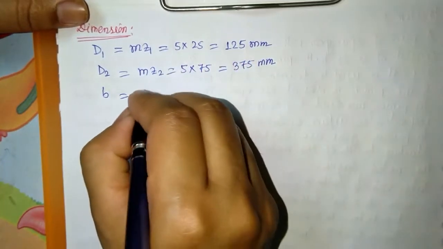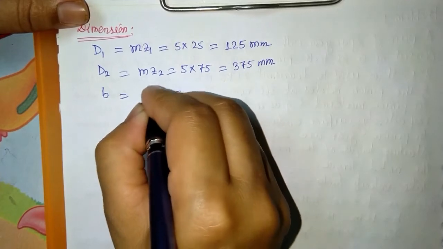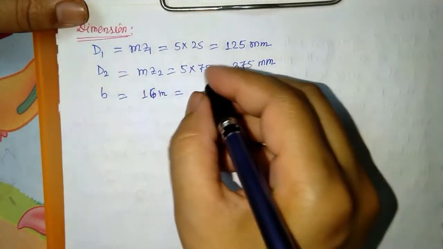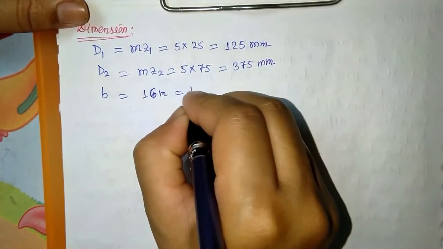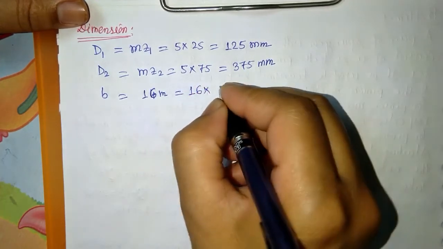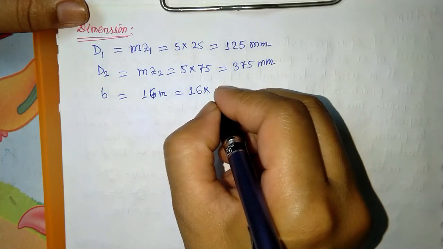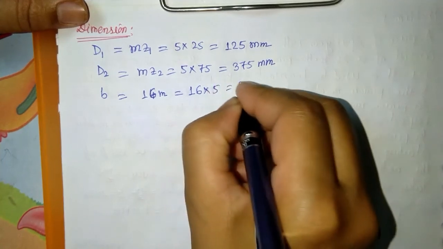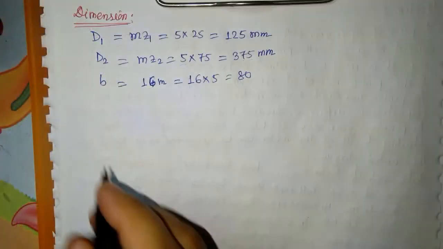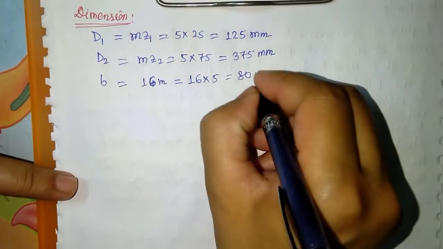Face width is equal to 14 into m, 16 into m, and that is our 16 into m, m is 5. This value becomes 80. So face width is 80 millimeter.